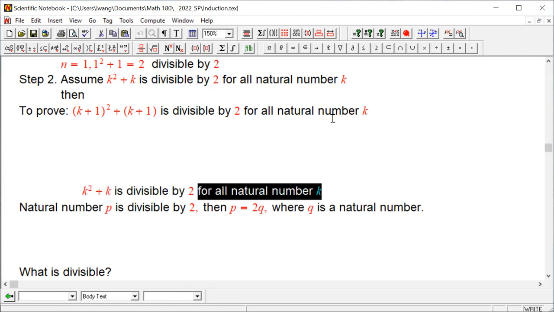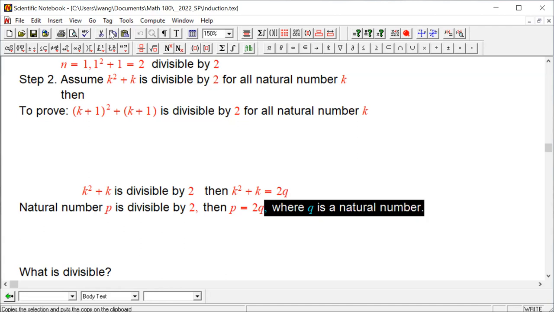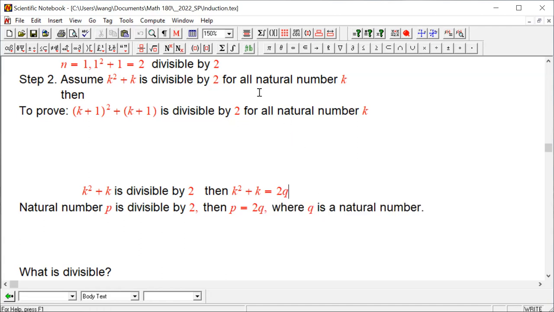It's divisible by 2. What does that mean? So I'm going to use this k squared plus k in the place of p, and that should equal 2 times q, where q is a natural number. So now we have demonstrated. We're going to use this assumption and put it here.